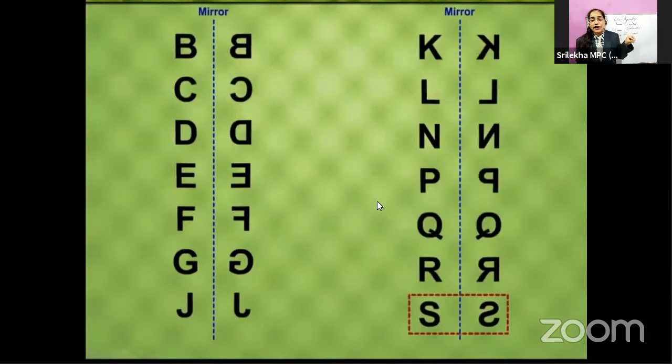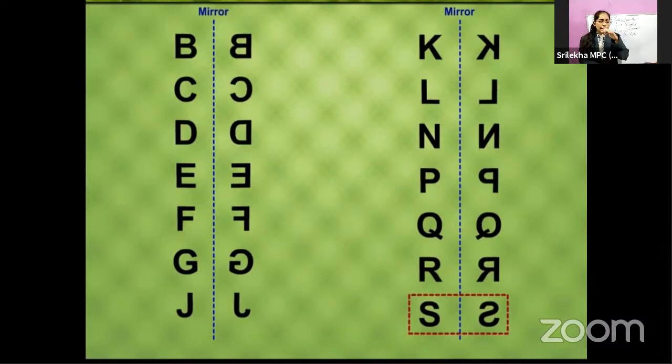So these alphabets possess symmetry. And what about alphabets such as B, C, D, E, F, G, H, K, L, M, etc., which are not mentioned earlier? Yes, they are non-symmetrical with respect to the mirror.